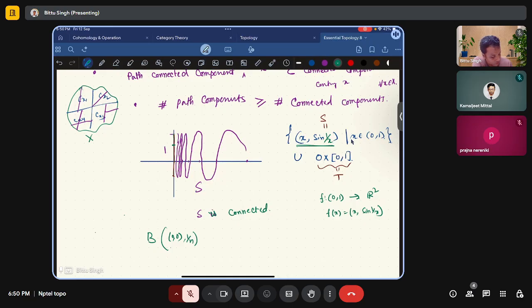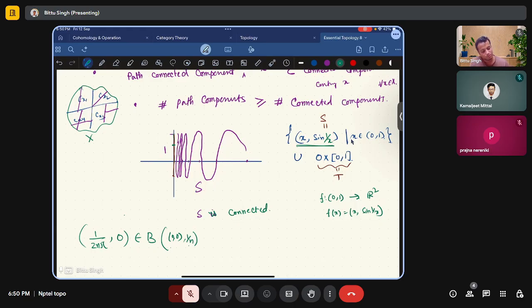Then it is easy to see that, choosing x equal to 1/(2nπ), 1/(2nπ) is strictly less than 1/n. So if we take this as 1/n, then 1/(2nπ) will be strictly less than 1/n. And if we apply 1/(2nπ), then sine of 2nπ is 0. So (1/(2nπ), 0) belongs to this ball B((0,0), 1/n).